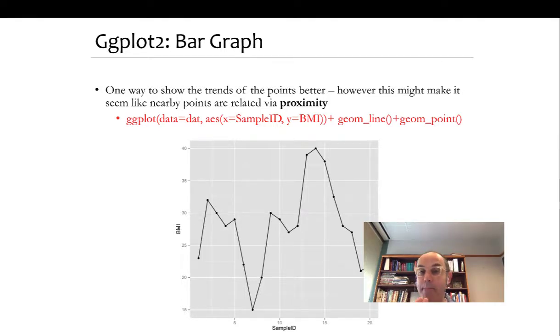So how would we apply that in ggplot2? One way to look at that is proximity. This is a simple example of a bar graph.